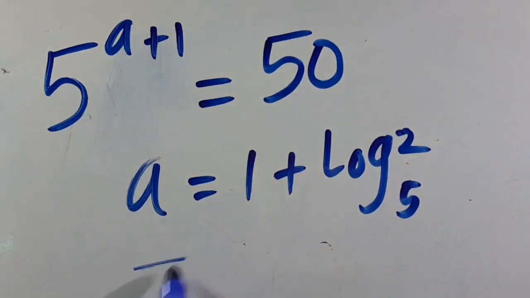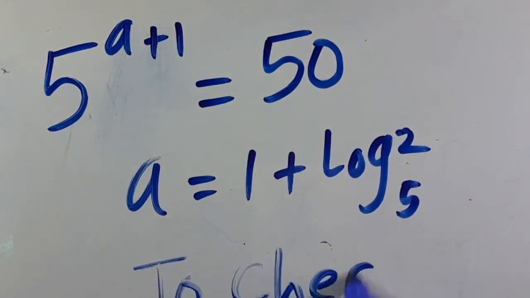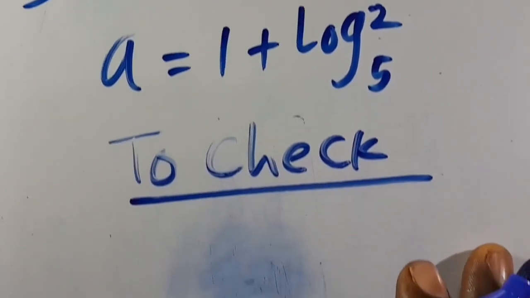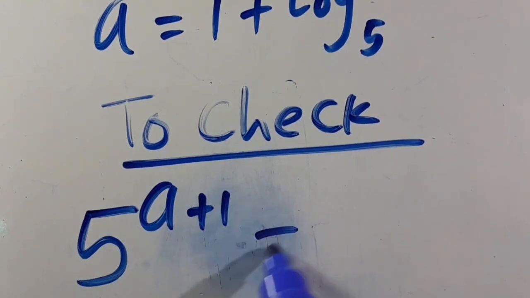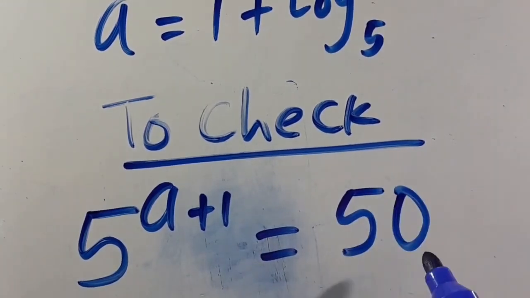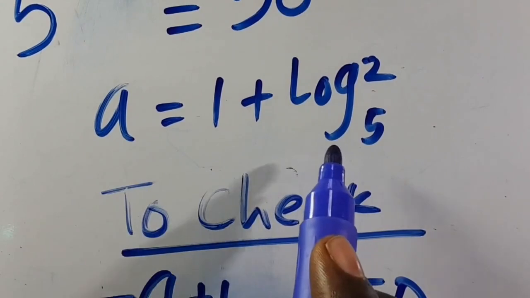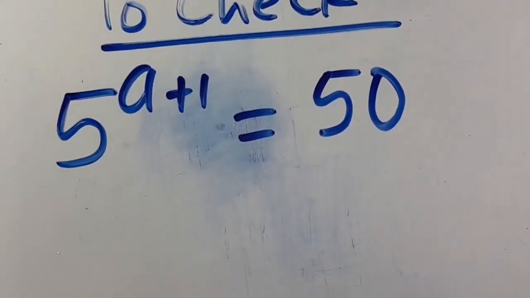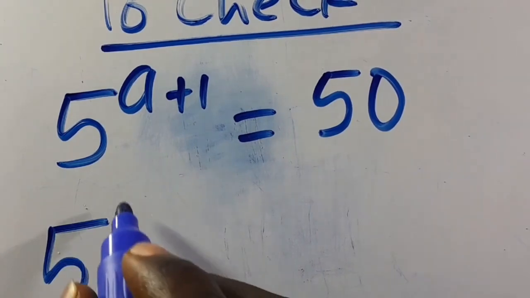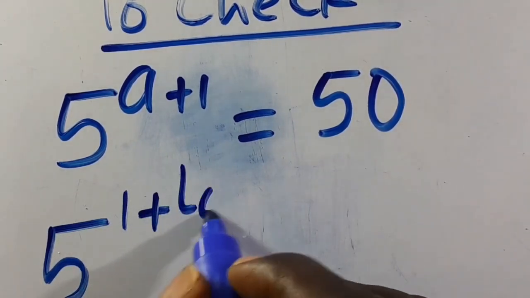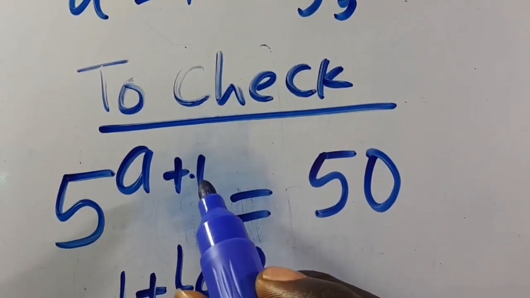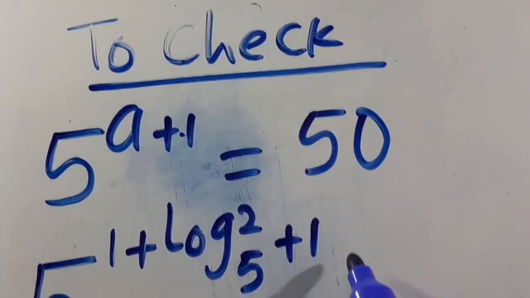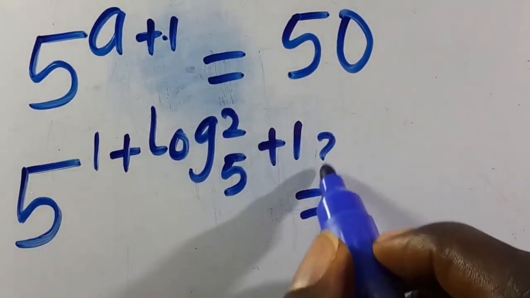Now to check, we have 5 to the power of a plus 1 that equals 50. Then when a equals this, let's see what will happen. We are going to have 5 to the power of 1 plus log 2 in base 5, then plus 1, then is it going to give us 50?